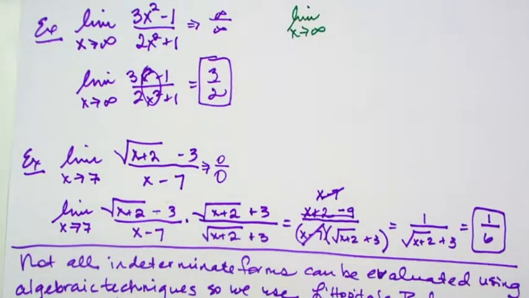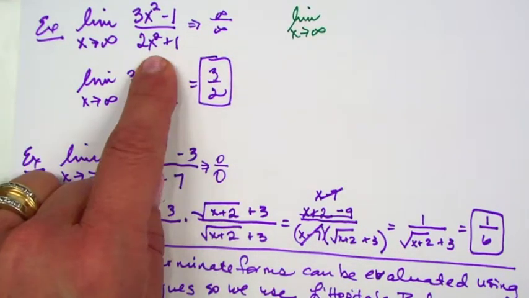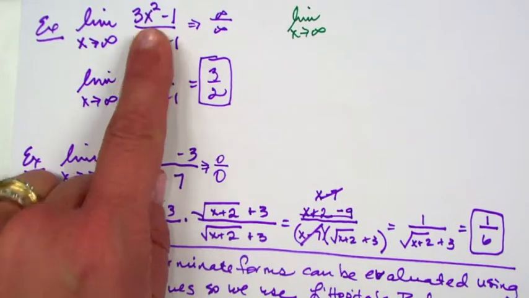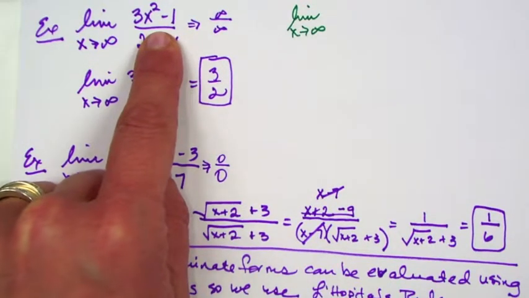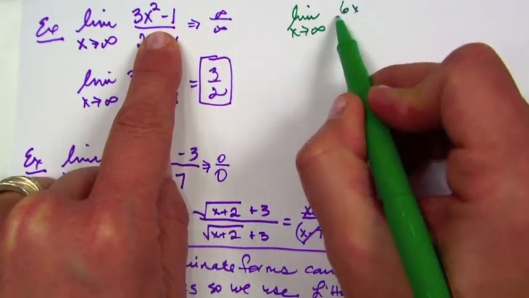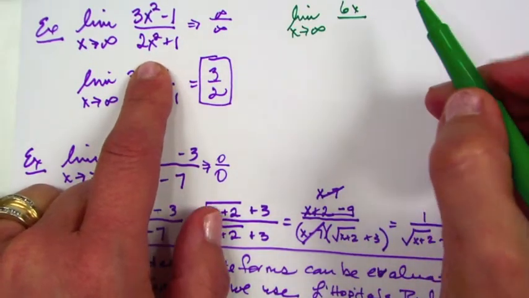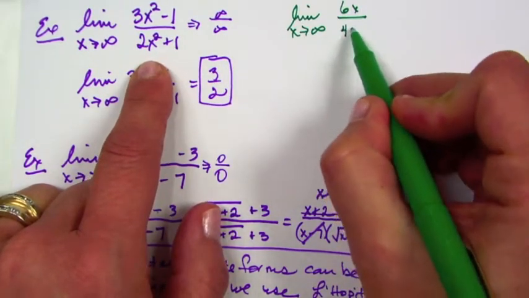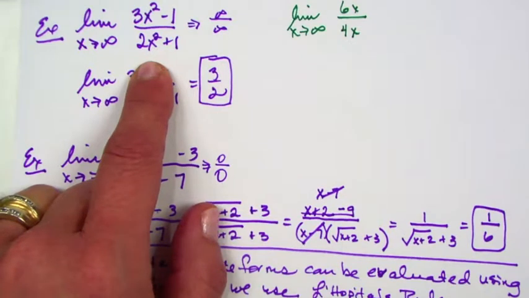So it gave me infinity over infinity. So L'Hopital's rule tells me I can do it again by taking the derivative of the numerator, which is 6x, over the derivative of the denominator, which is 4x. But what does that give me? That still gives me infinity over infinity. So I can do it again.